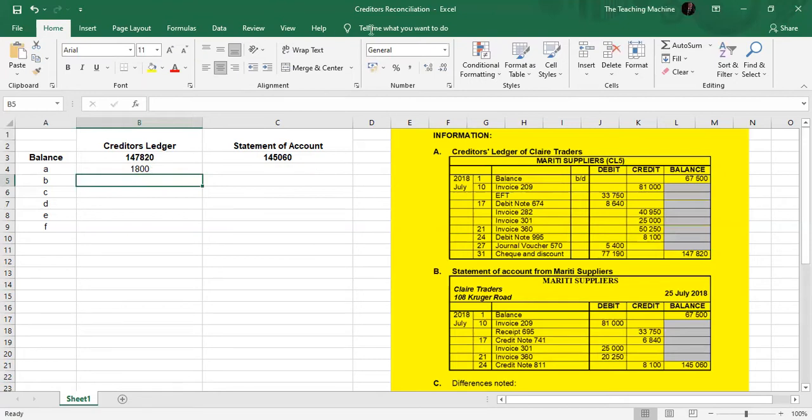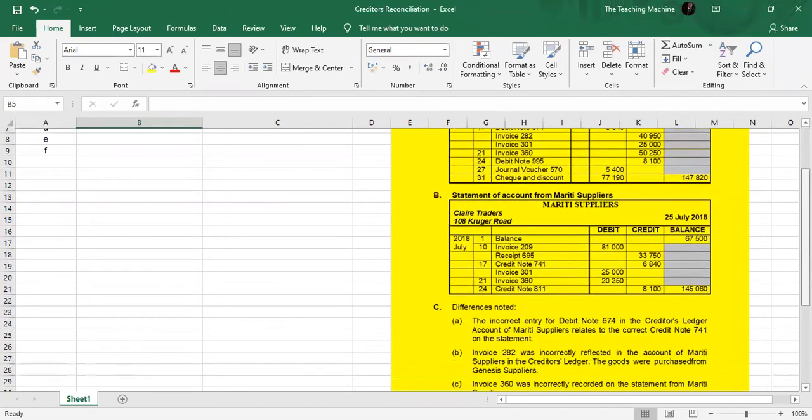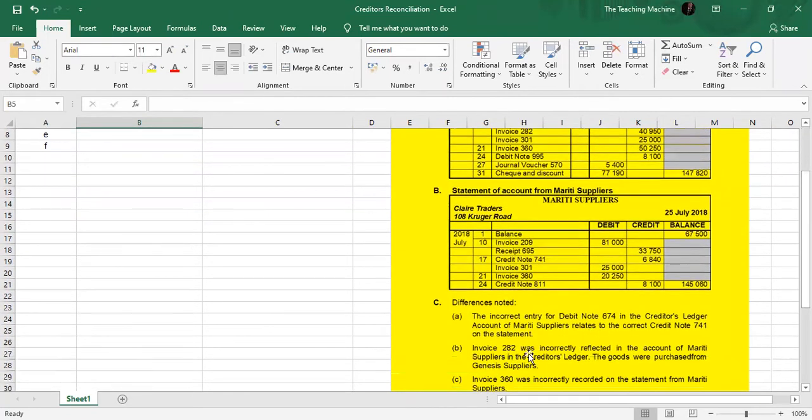Any question? No question. Okay, thank you very much. So this is a positive. Now let's look at information B. Invoice 282 was incorrectly reflected in the account of Marigi suppliers in the creditor's ledger.